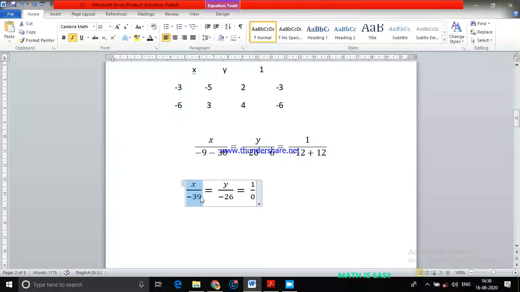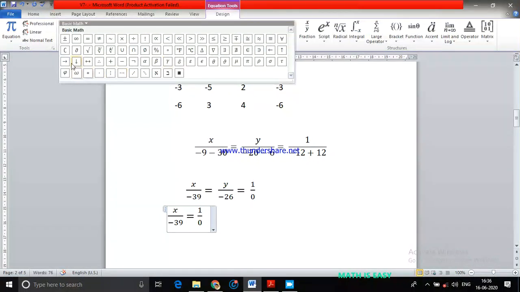Or maybe if you want, let me write one more step, maybe it will be clear to you. So here I will get x upon minus 39 will be equal to 1 upon 0. Yes, I am extending, otherwise you can conclude there itself, but some of them might have the doubt.